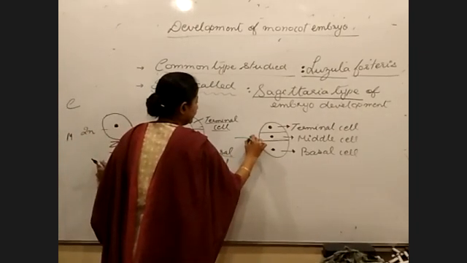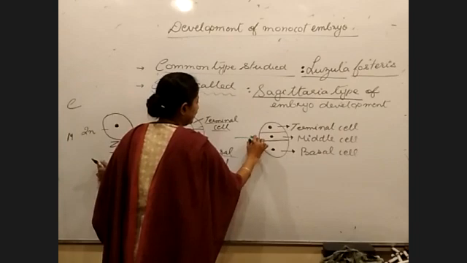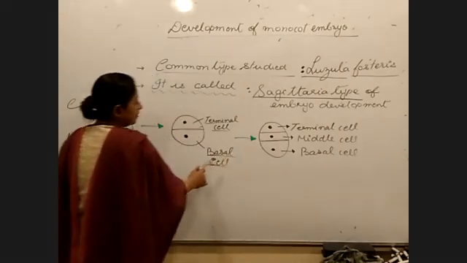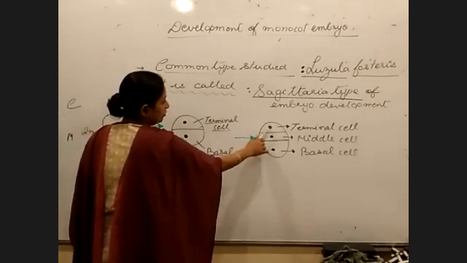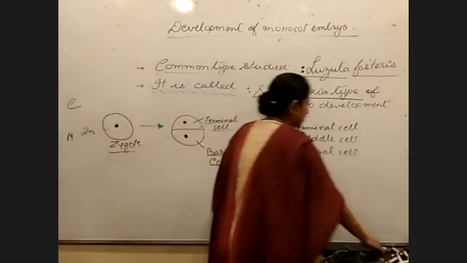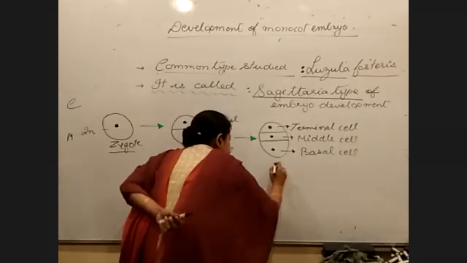In this case, if you see the diagram, now we have a collection of 3 cells. The basal cell does not divide. It is the terminal cell that will divide and form 2 cells, that is the terminal cell and the middle cell. So we have a structure like this.